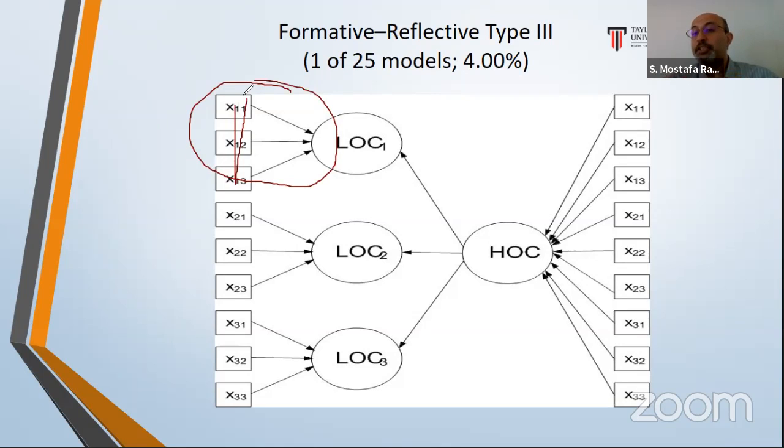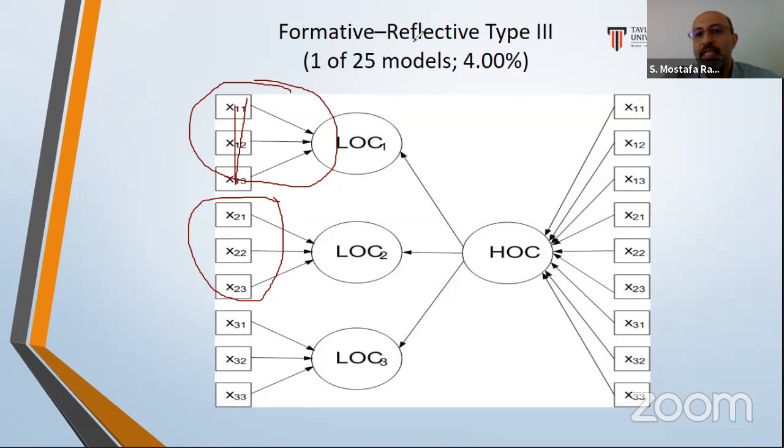These items measure different aspects of LOC1, and also these items measure different aspects of LOC2 and LOC3. So it's a question how these three dimensions, each measured by some formative items, can be reflective and represent the whole meaning of the construct and be highly correlated. So it should not be possible.